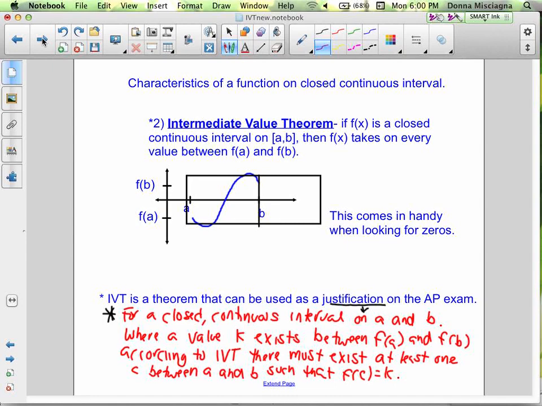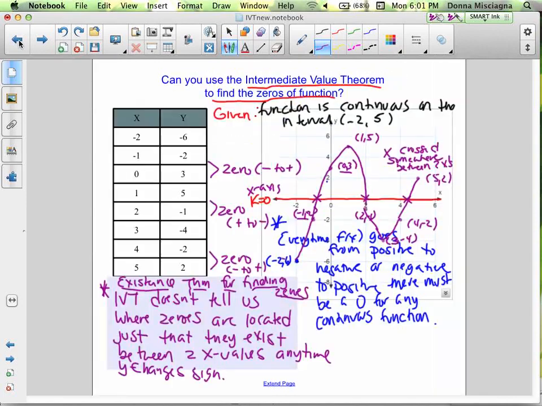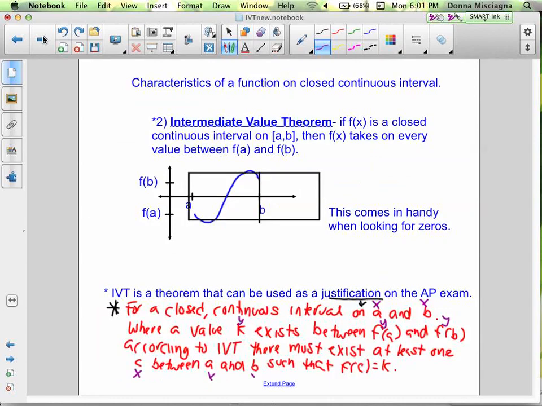For a continuous function on a closed interval a, b, where a value k exists between f of a and f of b, so you've got some y value between two other y values, according to intermediate value theorem, there must exist at least one x value between a and b, such that f of c equals k, that y value.